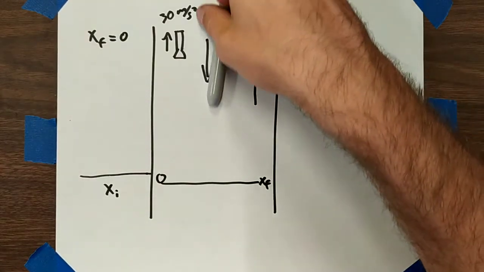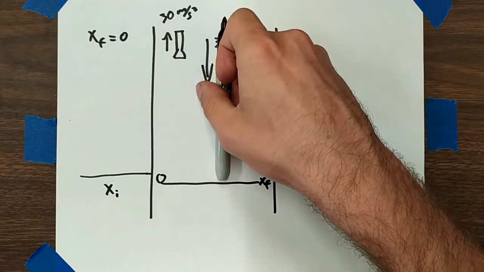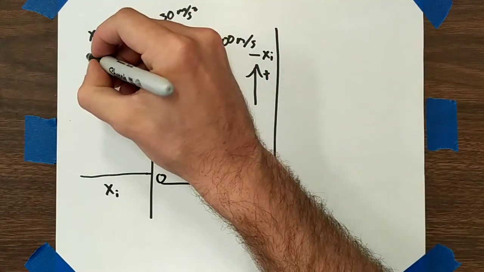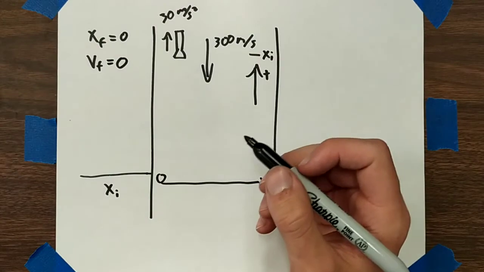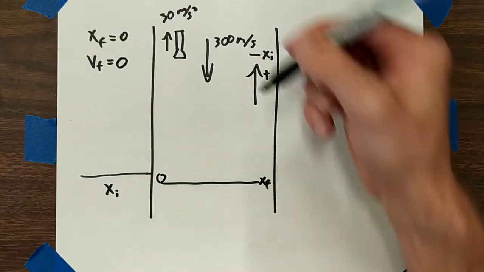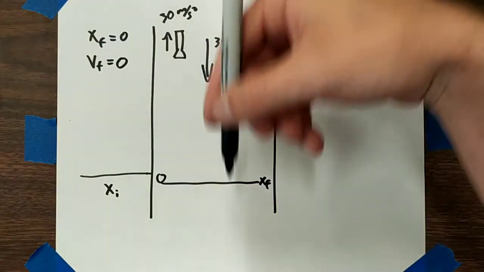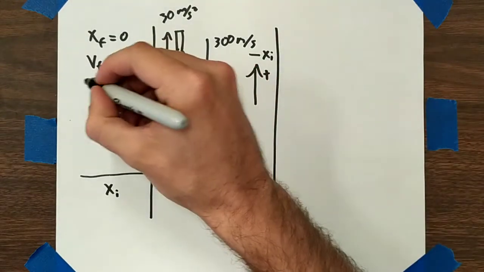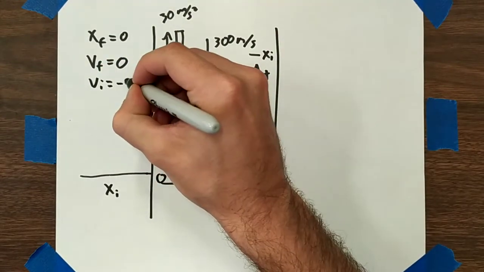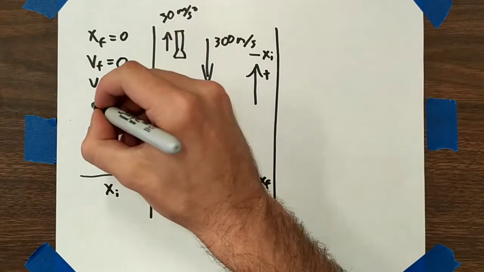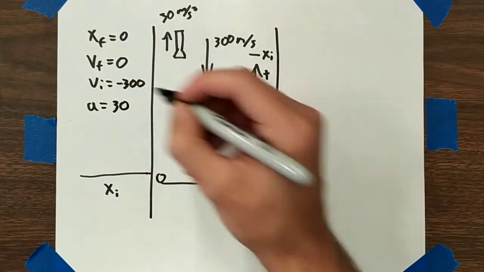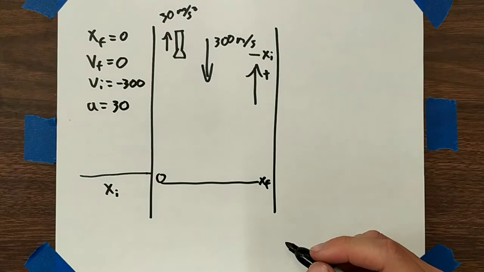I want it to gently touch down, so it's going to come to a stop right there. So v final is equal to 0. The initial velocity is given by the problem, so it's 300 meters per second that way. Because it's pointing down, I'm going to call that negative. So vi equals negative 300. My acceleration is pointing up, and it's 30, so a is equal to 30. I believe that's all I know.